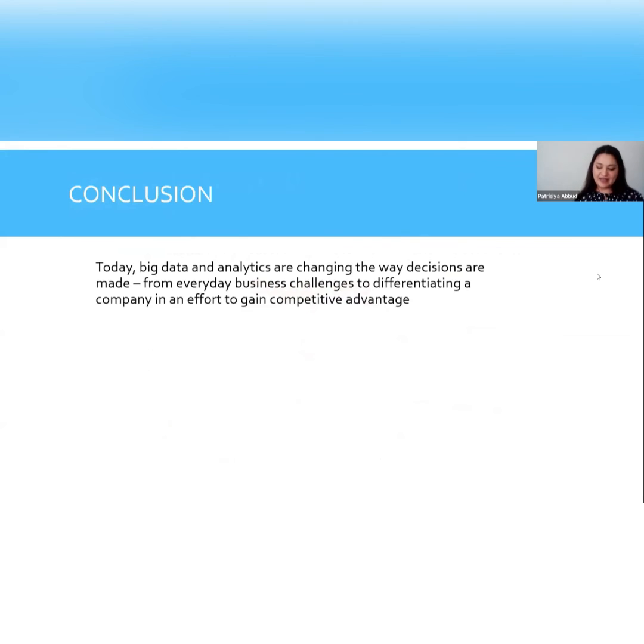In conclusion, I would like to say that the future of any business and any organization will be determined by their use of data. It is not just about collecting the data, but also using analytical techniques and tools to get useful information from the data for decision making and gaining a competitive advantage.